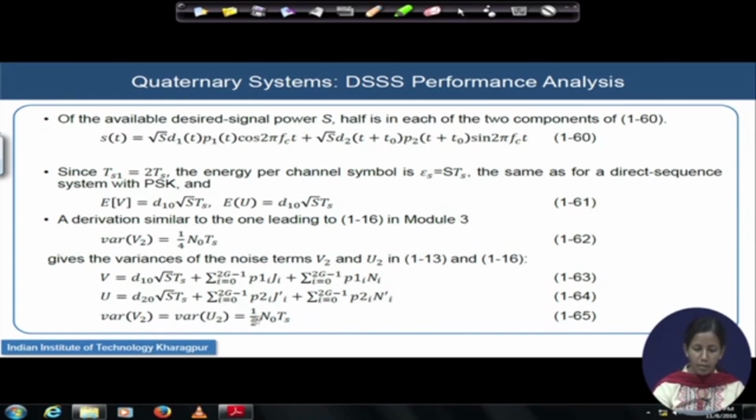Both of them will be governed by half of N0 by Ts, because the channel duration time over which the integration is going on will play a role.